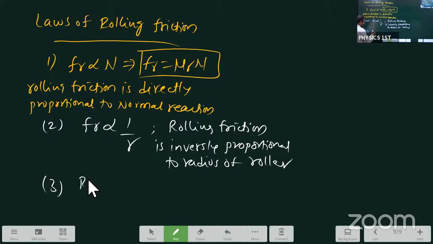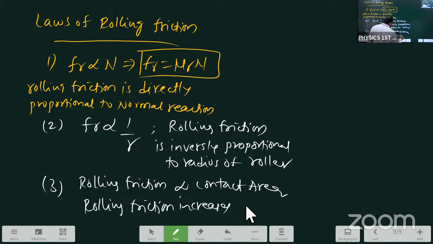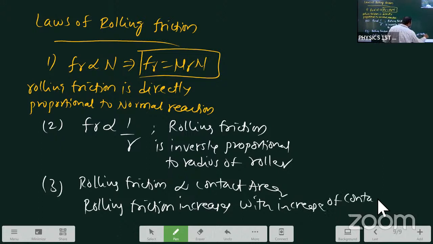We write it like this: rolling friction increases with increase of contact area. The first two are enough, students, two different steps. You can get 2 marks here, 2 marks here.